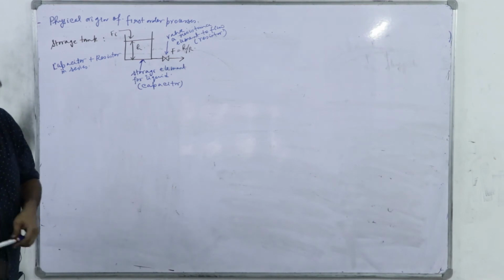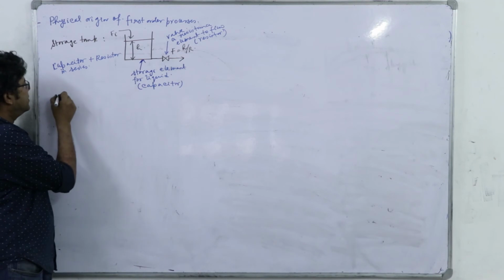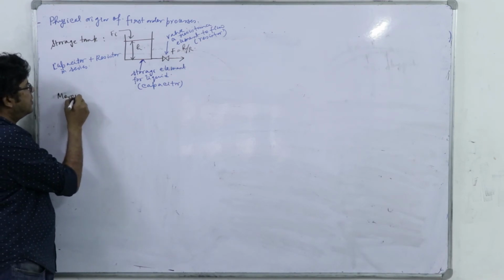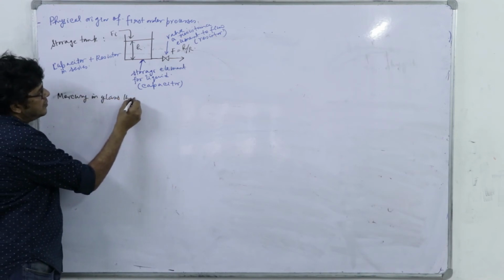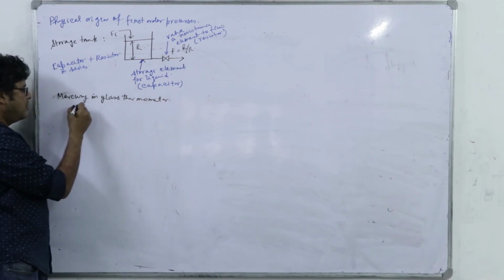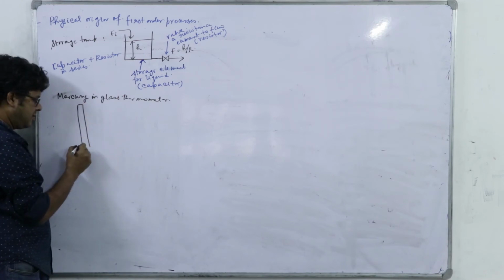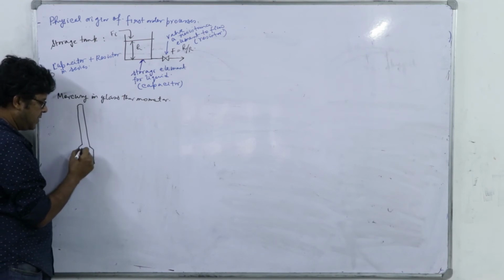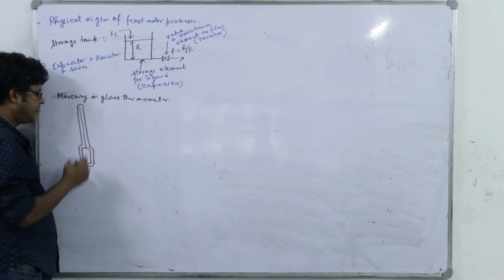Now, let us think of the second, a mercury in glass thermometer. What was that? We have this column, this bulb, here we have mercury and the mercury column.